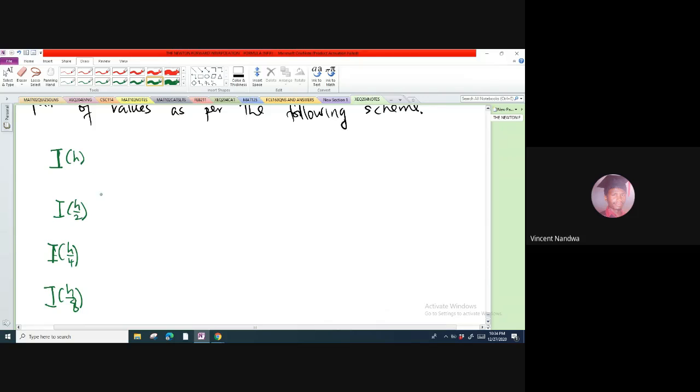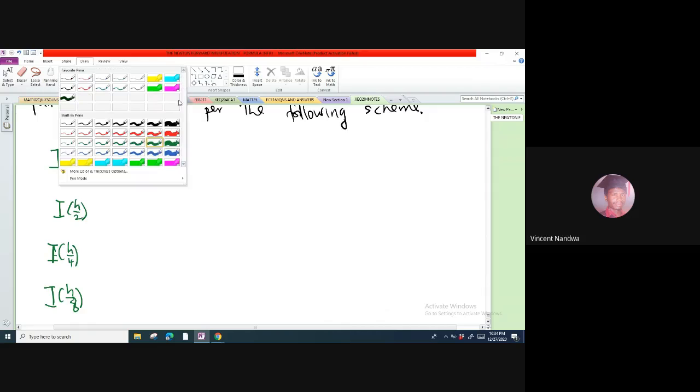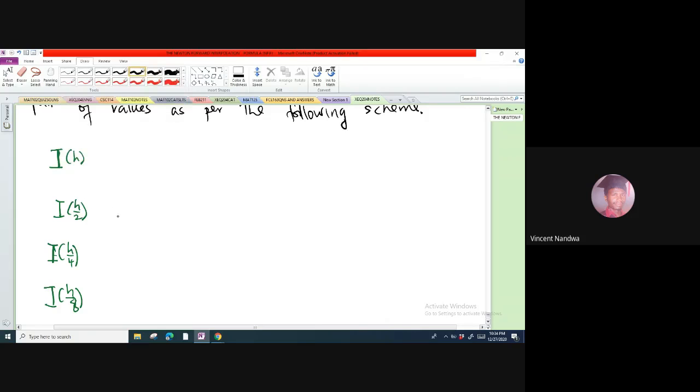In between I of h and I of h over 2, we have I of h comma h over 2. In between I of h over 2 and I of h over 4, we have I of h over 2 comma h over 4.